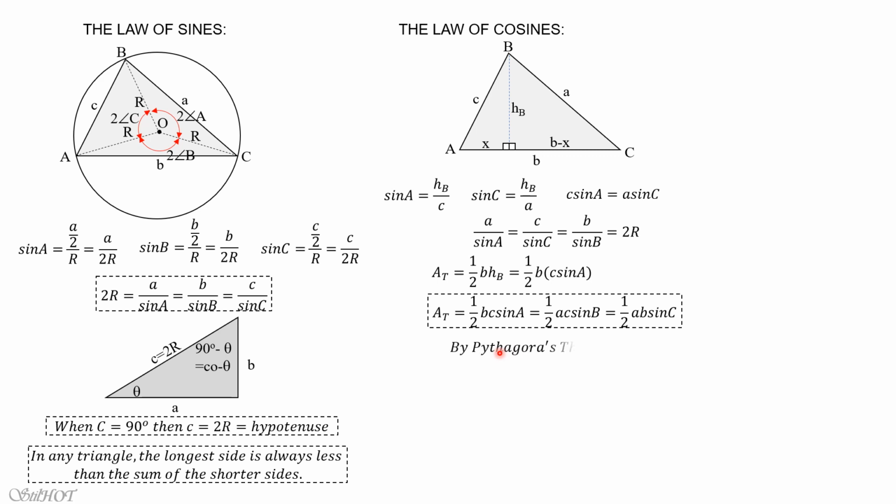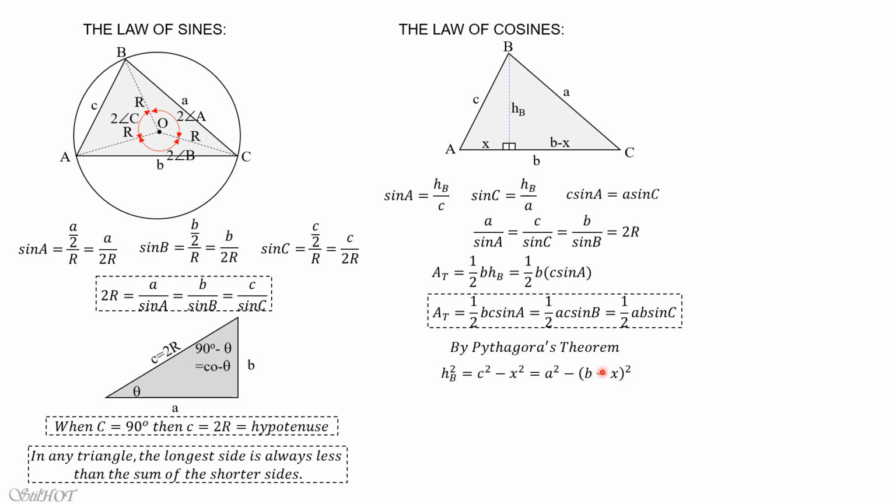So by the Pythagorean theorem again, we have h sub B squared equals hypotenuse squared minus the perpendicular leg, x squared. So h sub B squared equals c squared minus x squared. h sub B squared is also, from this right triangle, a squared, the hypotenuse squared, minus the quantity b minus x, squared. Equating these two, c squared minus x squared equals a squared minus the expansion of this binomial, the quantity b squared minus 2bx plus x squared.